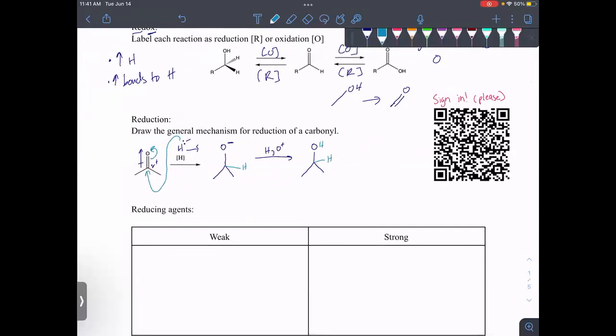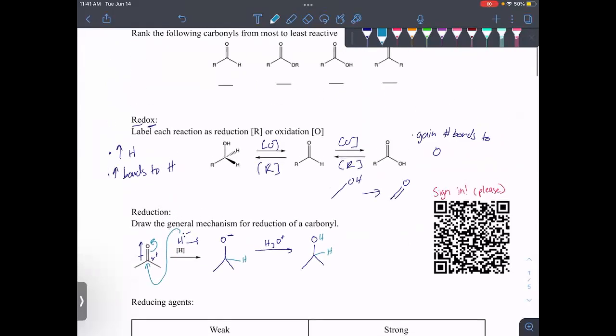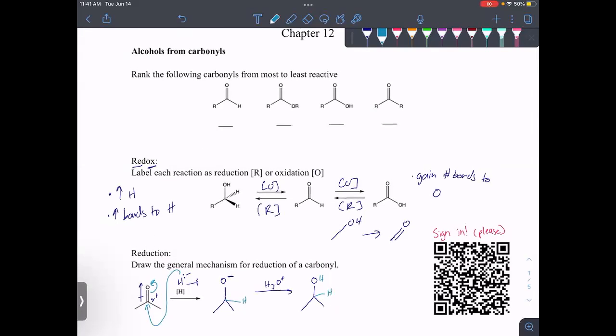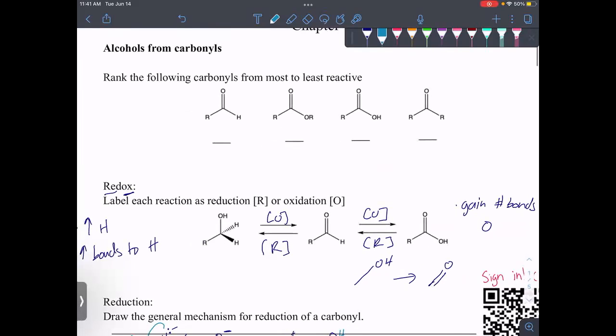Okay, so knowing the mechanism is going to help us find the order of reactivity of carbonyls. So what do you think would make the carbonyl carbon more reactive? Having hydrogen bonds? And OH.